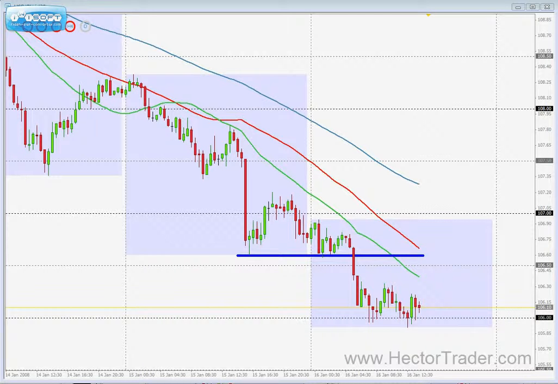The worst thing that can happen is to take an entry, and 15 minutes later, 30 minutes later, the news comes out, spikes price to the upside, and knocks out your stop loss within the minute. You certainly don't want that. That's very frustrating. So it's always important to keep an eye on the economic calendar for the day.